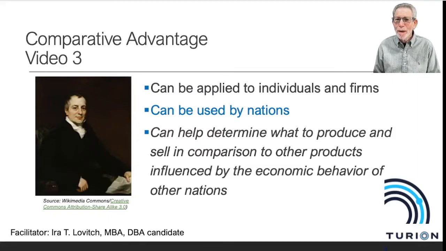And the idea behind it is to help determine what to produce and sell in comparison to other products. It's going to be influenced by the economic behavior of other nations, as well as where those nations might have a comparative advantage when it comes to one item, one commodity, one product or service or another.